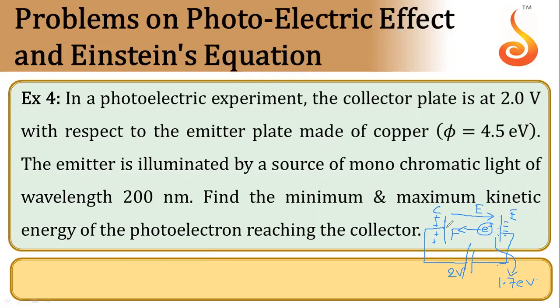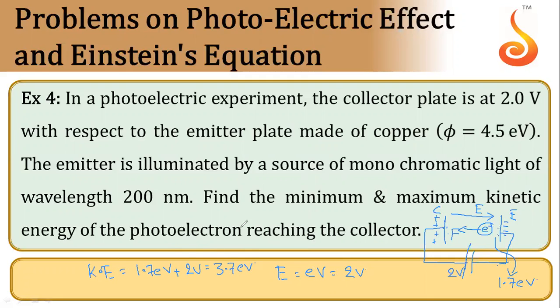So from here to here, it will gain energy, that is charge into potential, that is 2 volt. So when this electron reaches this point, its total kinetic energy will become 1.7 electron volt plus 2 volt. So that will be 3.7 electron volt.